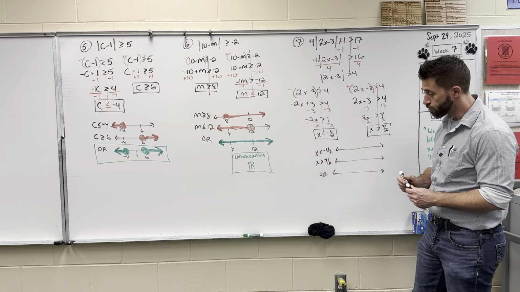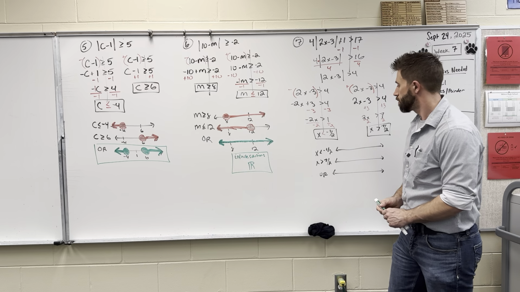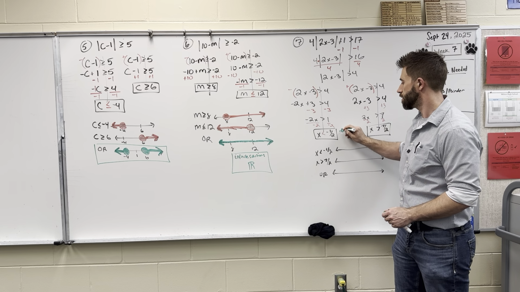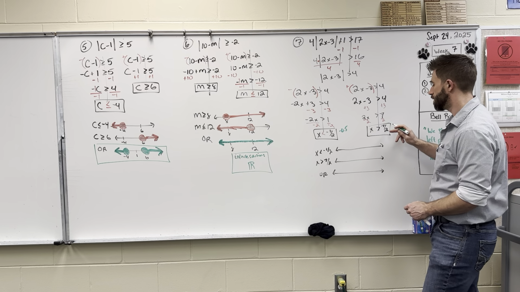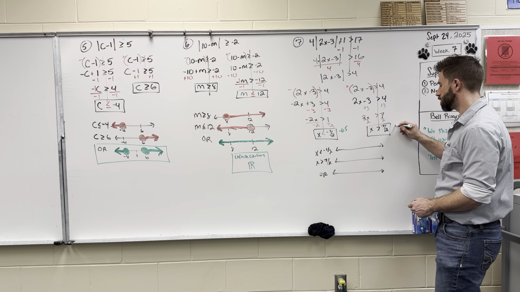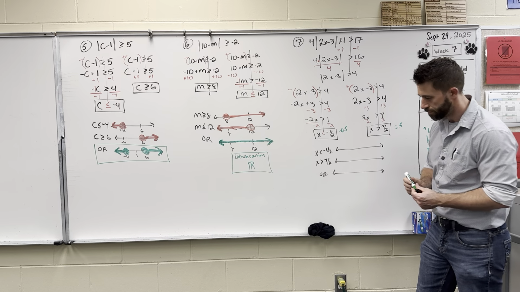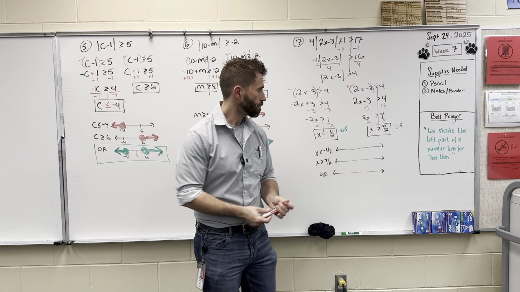Now that is between two numbers. So I'm going to say that's negative 0.5. And this is between 6 halves, which is 3, and 8 halves, which is 4. That's roughly 3.5. Okay.